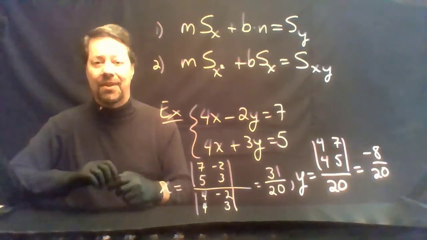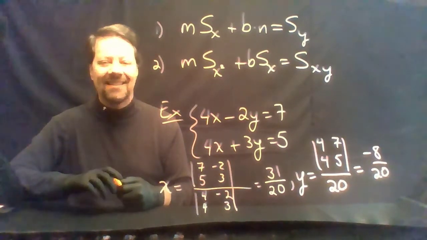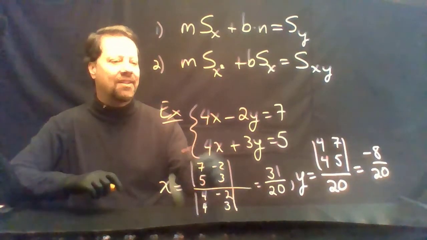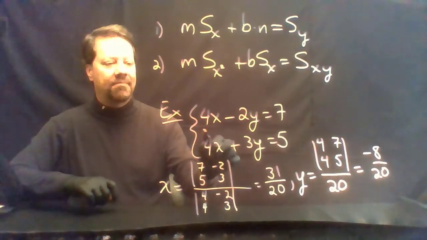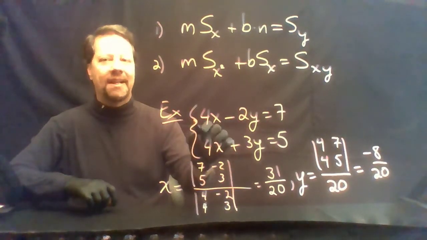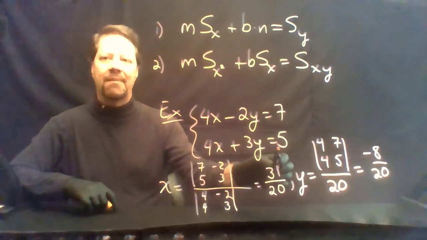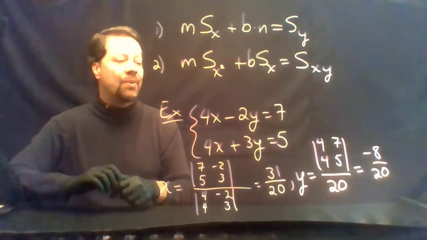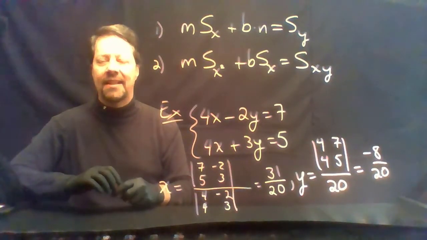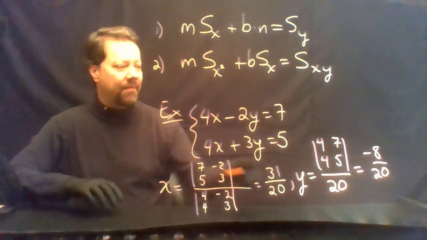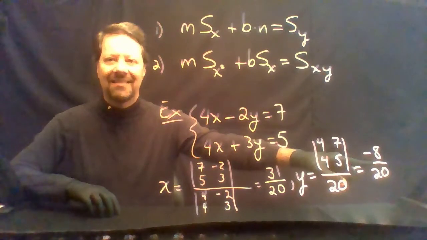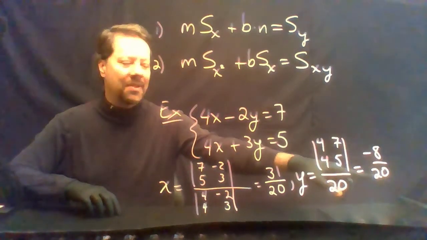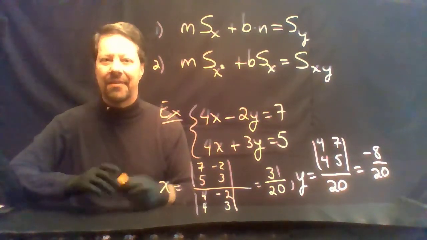Now I know you could have solved this by any number of other ways. We could easily have subtracted the two equations. Multiply the top equation through by negative 1 and add the bottom equation. You'll end up with 5y equals negative 2, which means y is negative 2/5. 4 goes into 8 2 times, 4 goes into 20 5 times, negative 2/5.